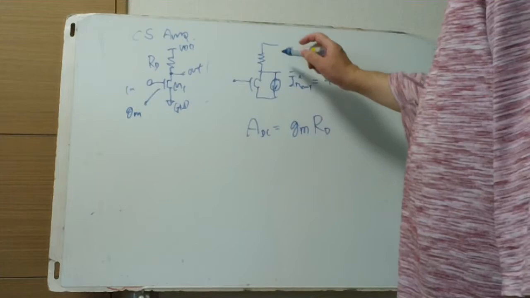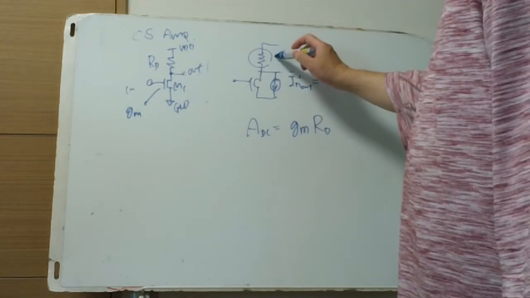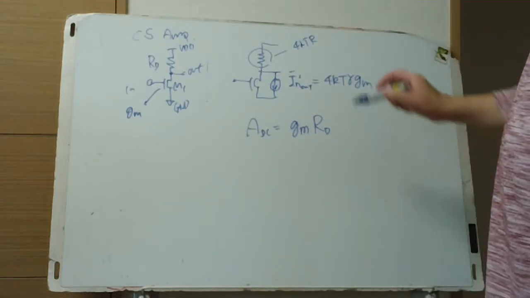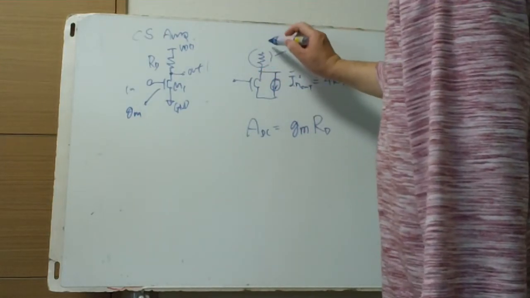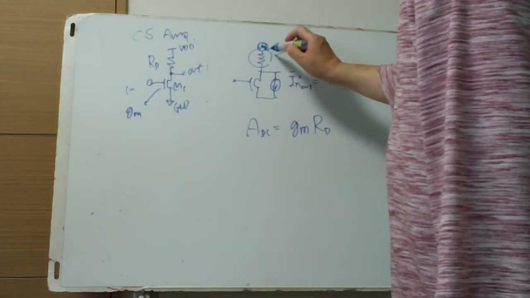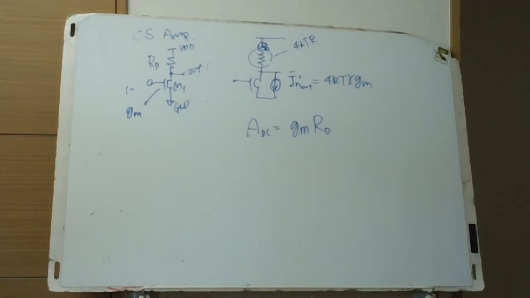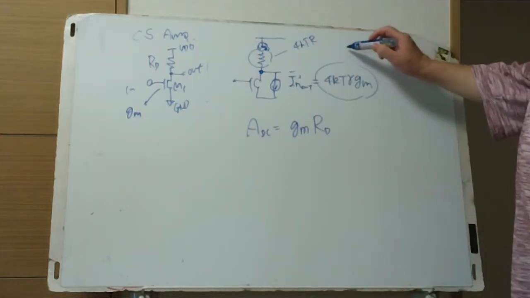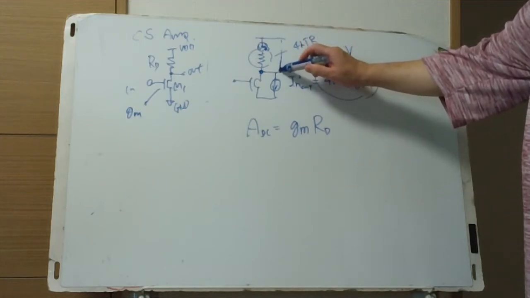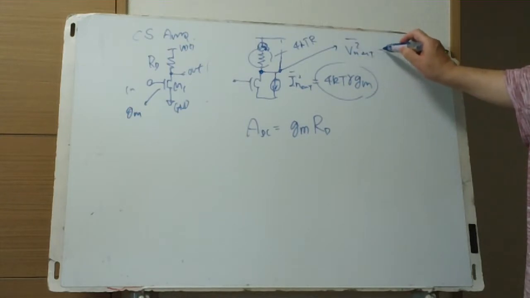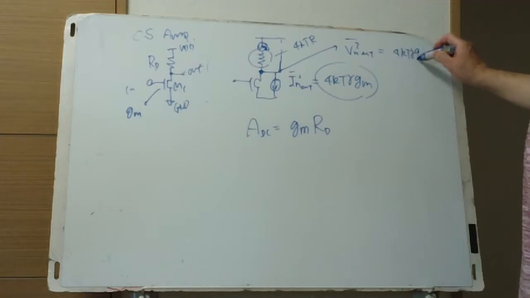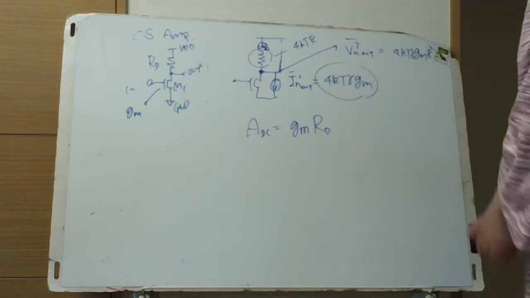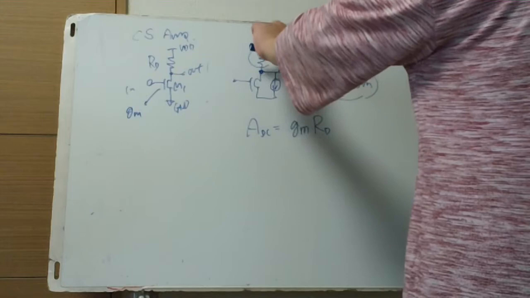Output noise: if this has noise voltage of 4kTR, Vnd squared, this node is modulated by this current noise, so this voltage Vn out squared is 4kT gamma GM R squared, which appears due to this current.